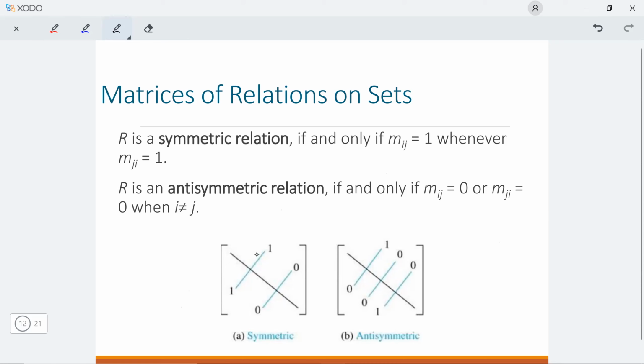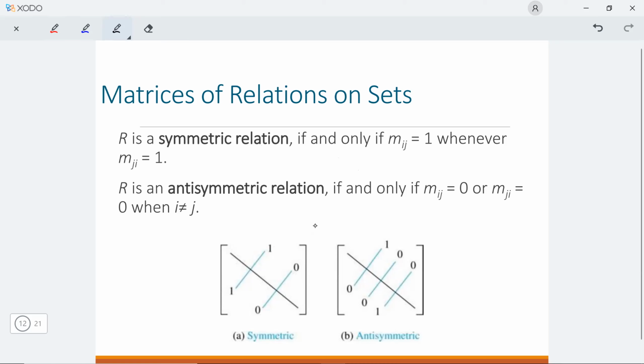This comes from our definition of the symmetric relation, because a symmetric relation requires that if AB is in the relation, BA should also be in the relation. So for AB and BA, in the matrix it means we get the elements in the opposite position with respect to our diagonal.